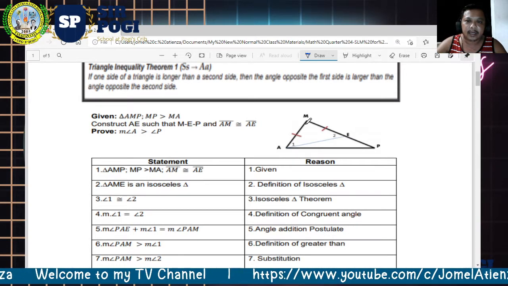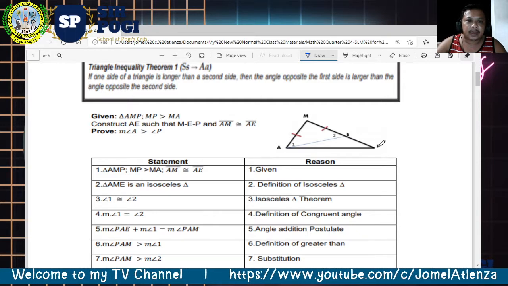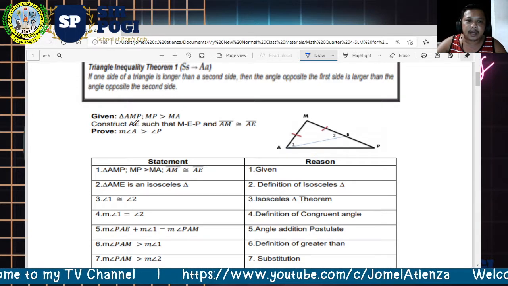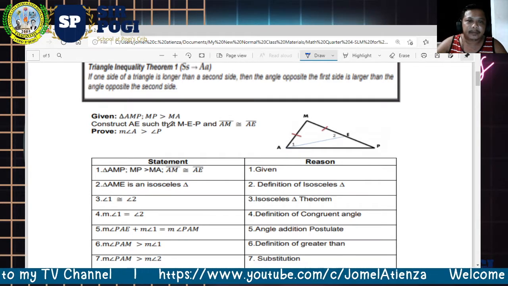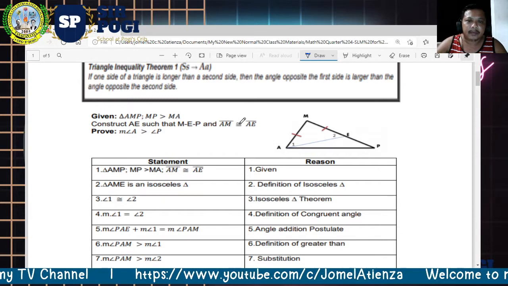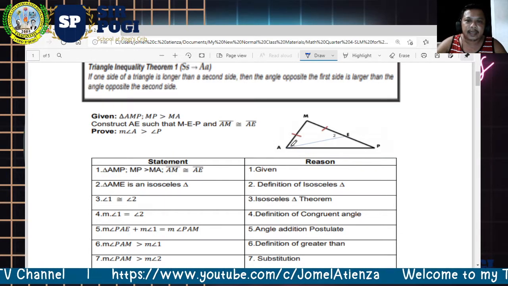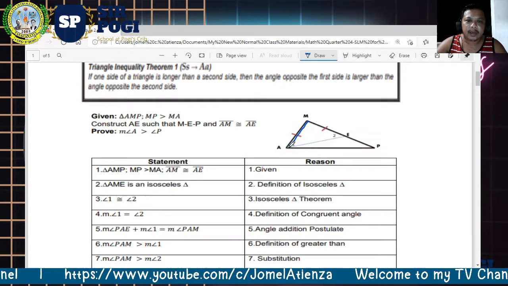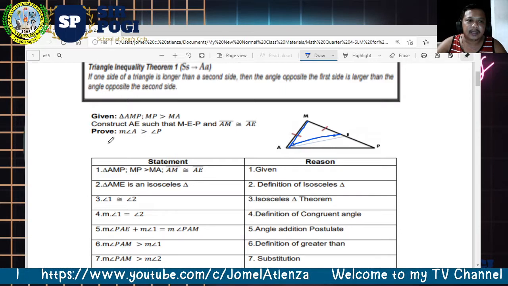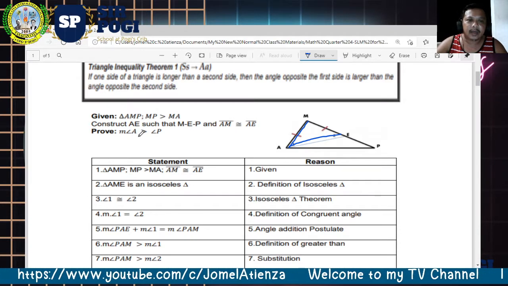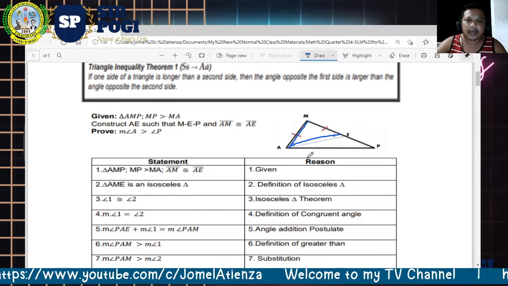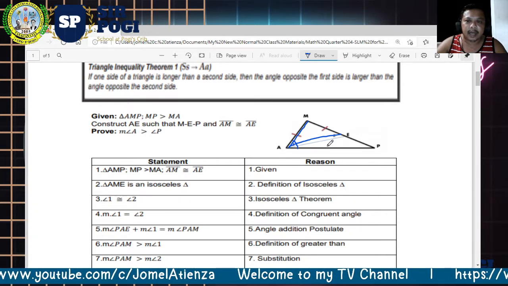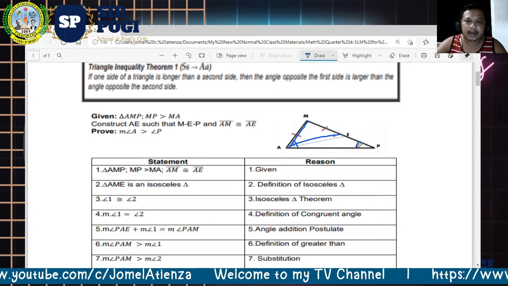Construct AE such that AM is congruent to AE. Prove that the measure of angle A is greater than the measure of angle P.